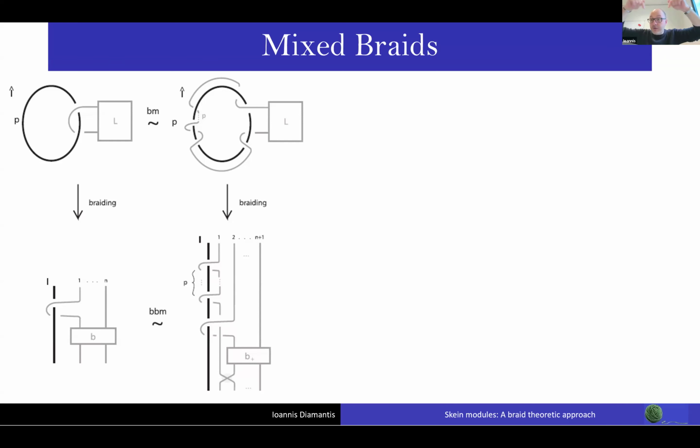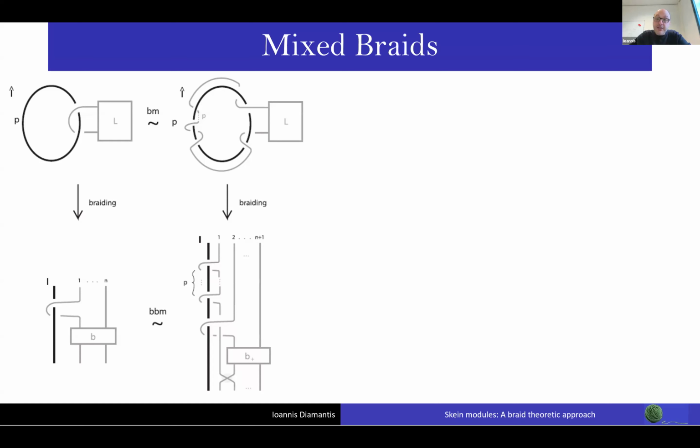Since for braids we have a natural top to bottom orientation, when the moving strand goes down, we perform a Reidemeister 1 move, positive or negative, in the beginning. So now we are not on the level of braids. That's the intermediate step. And now that the orientations disagree, we perform a type alpha band move and the orientations now agree. Depending on the Reidemeister move that we perform in the beginning, the kink, if it's positive or negative, we have a positive or a negative crossing in the end.